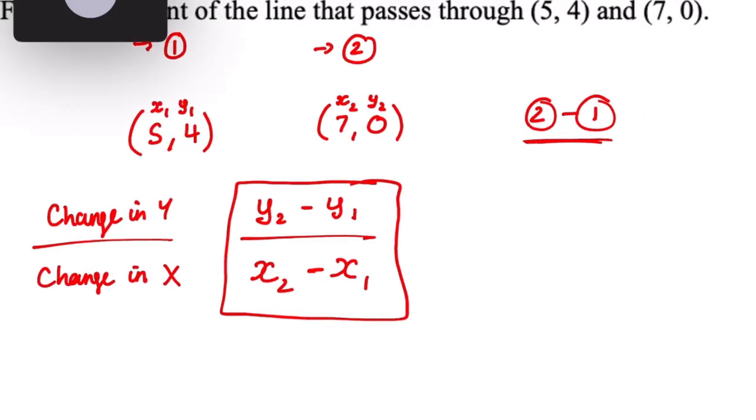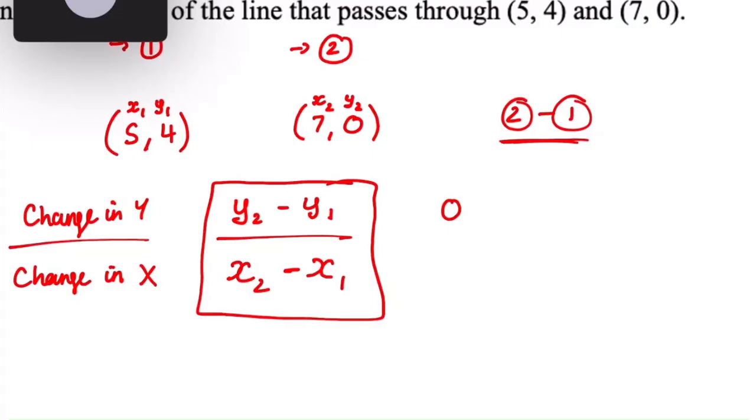Okay, so y2 is 0, subtract y1, which is 4. So y2 was 0, y1 is 4: 0 subtract 4. And then we're going to divide it by x2, which is 7, as you can see, subtract x1, which is 5.